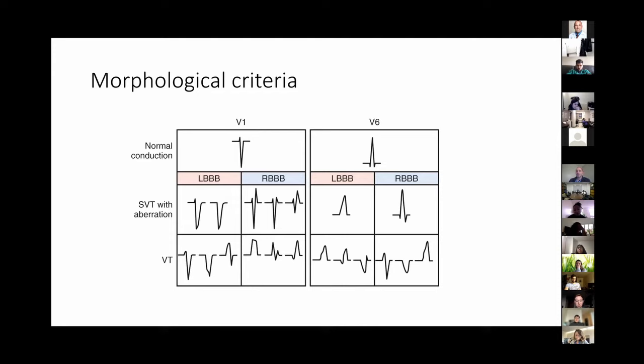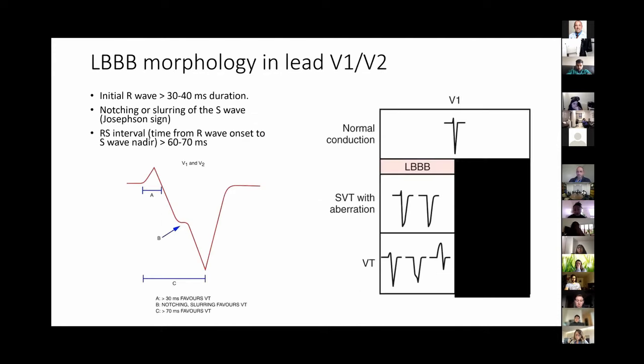And now the morphological criteria. If you see a wide complex tachycardia that has left bundle morphology, meaning that your V1 and V2 are going to be a predominantly negative wide QRS, and your V6 is going to be very positive, then look for these things: an initial R wave of more than 30 to 40 milliseconds in duration, as illustrated here, a little notch on the downslope, and if this entire distance from R to S is 60 to 70 milliseconds.